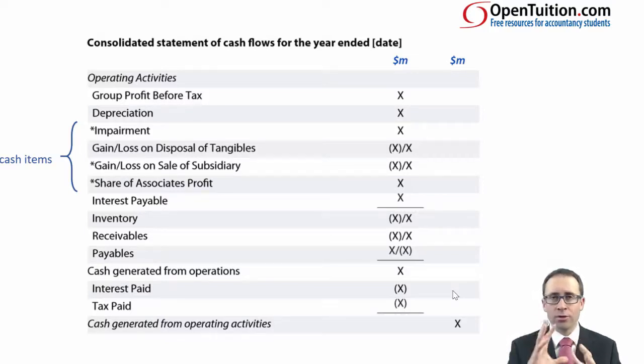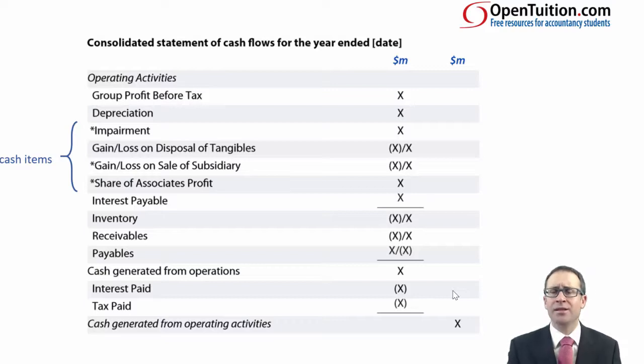And we add or deduct those non-cash items. The common one that you can see at the top is depreciation. That's a non-cash expense, isn't it? You've charged depreciation, which has reduced your profits, but it is not reducing cash. So therefore, we need to add it back on, don't we?